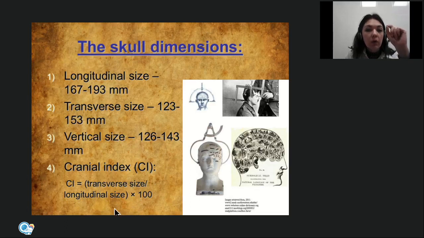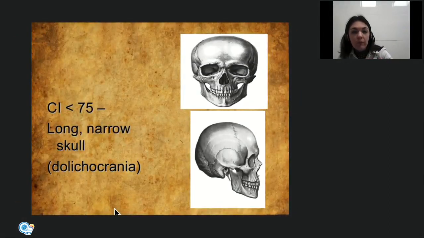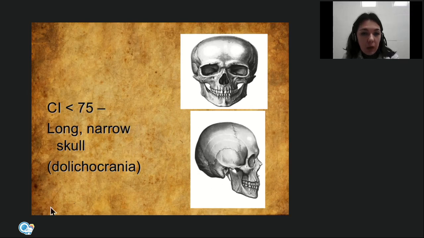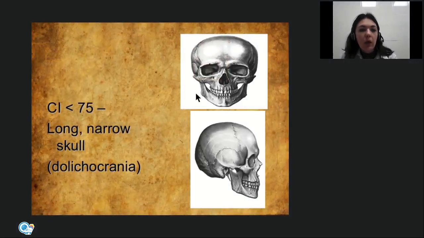And according to this cranial index, we can divide all the skulls into three types. There is dolichocrania, when cranial index is less than 75. It is a long and narrow skull.